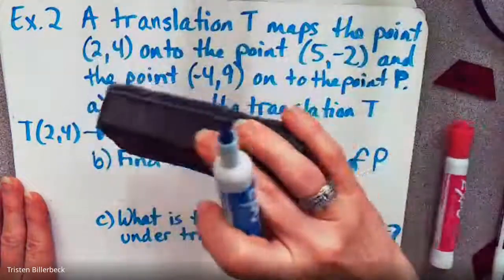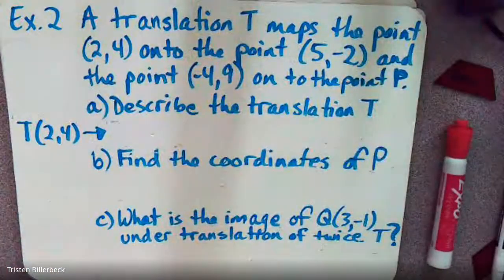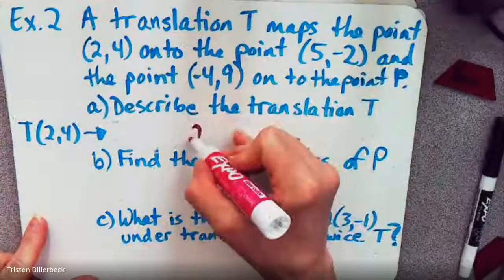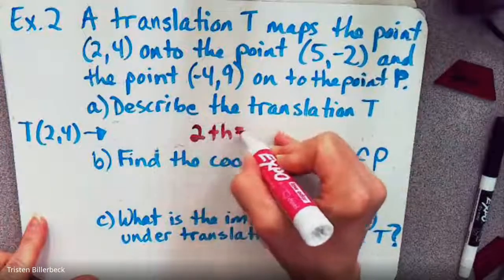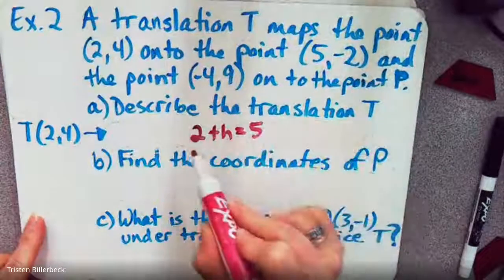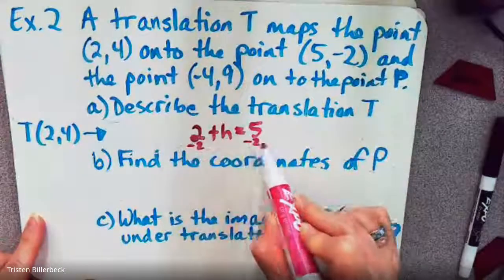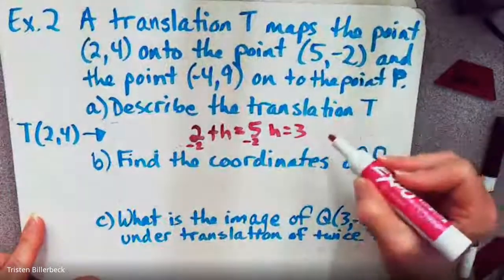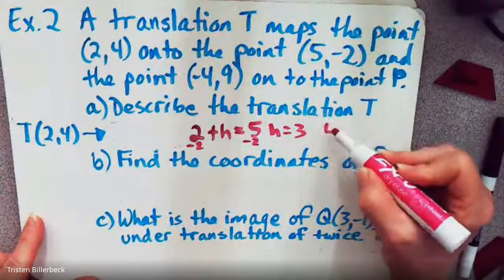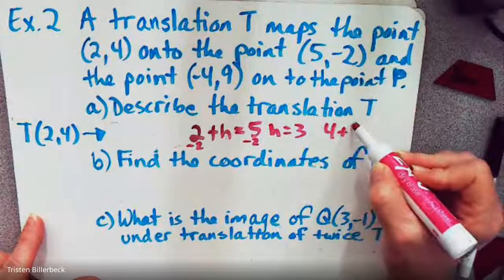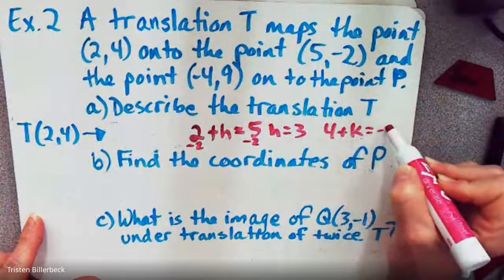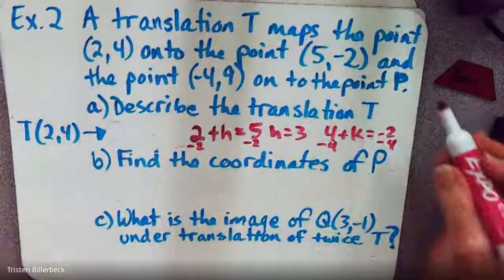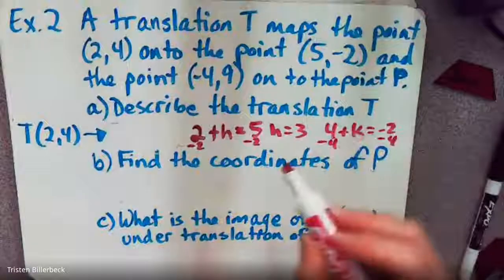So let's look at how it moved from 2 to 5. In the x direction we have 2 plus h equals 5. And if we subtract the 2 on both sides, we get h equals 3. And then on the y's, we have 4 plus k equals -2. We subtract 4, and we get k equals -6.